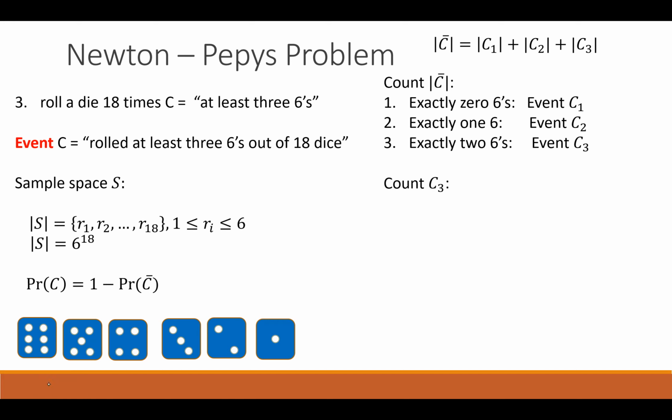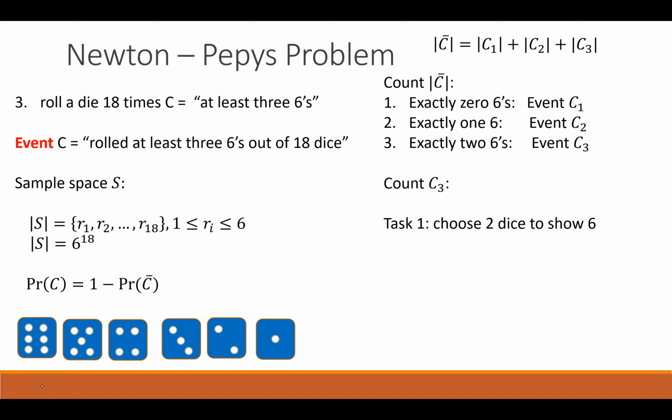C3, exactly 2 6s. Well, I'm going to use basically the same procedure, except now I have to choose 2 dice to show a 6 out of 18. So how many ways are there to do that? I have 18 dice, or a single die rolled 18 times.